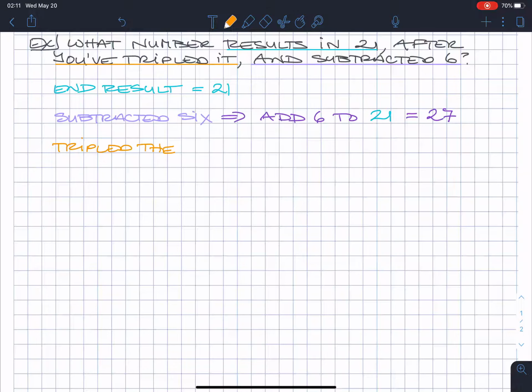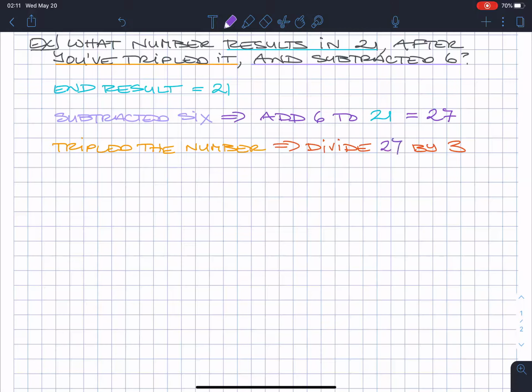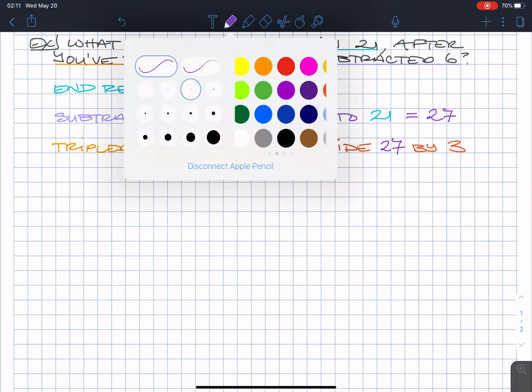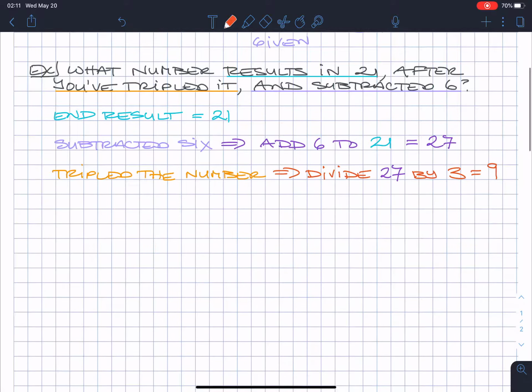So I've tripled the number, which means I've multiplied it by 3. So to undo that, I'm going to divide by 3. I'm dividing 27, the previous result, going backwards, by 3. So 27 divided by 3 gives me 9. Okay, so I claim that the number is 9.